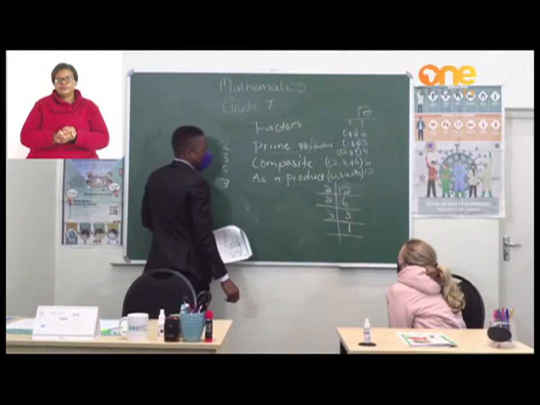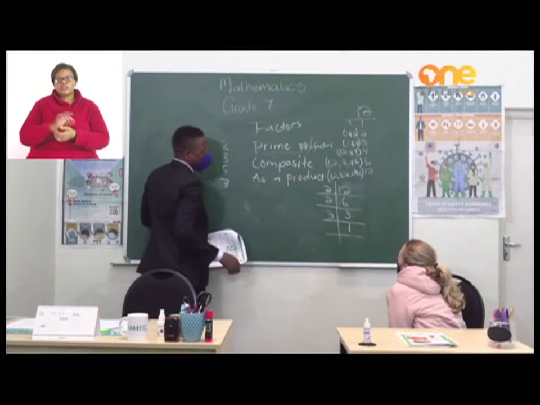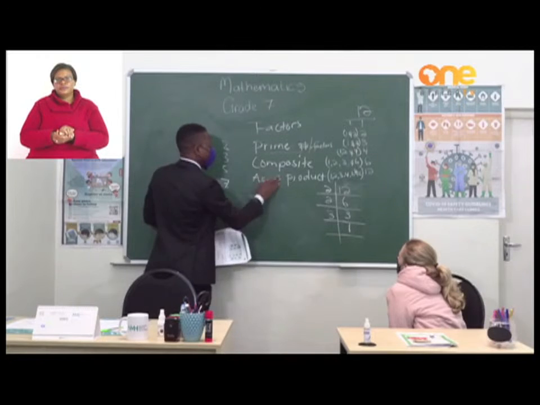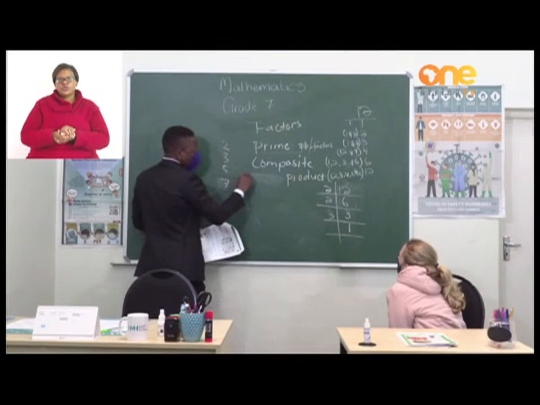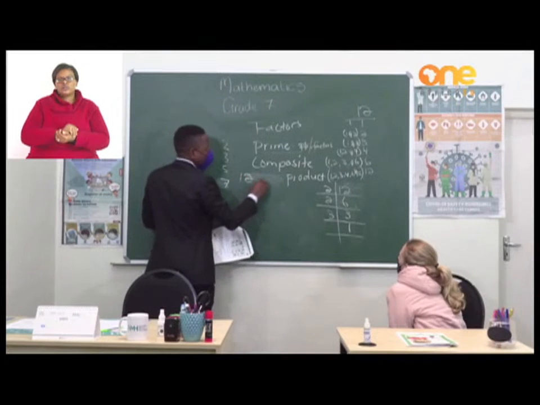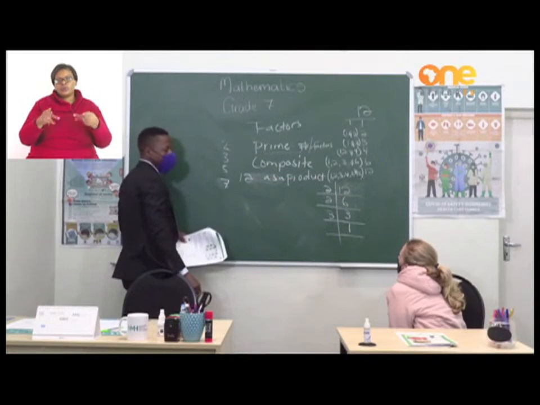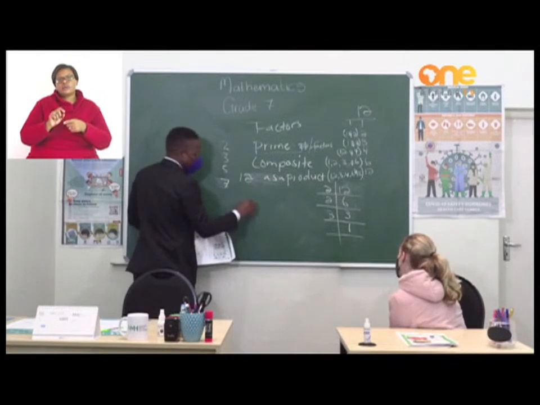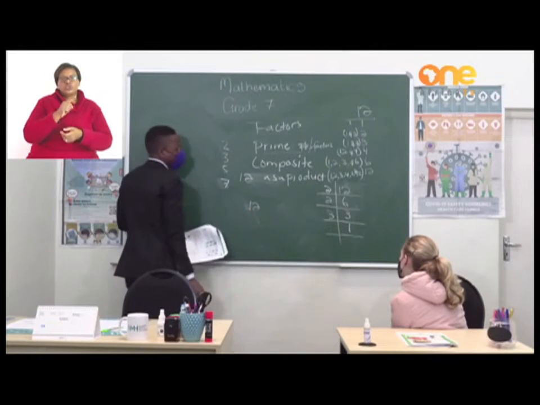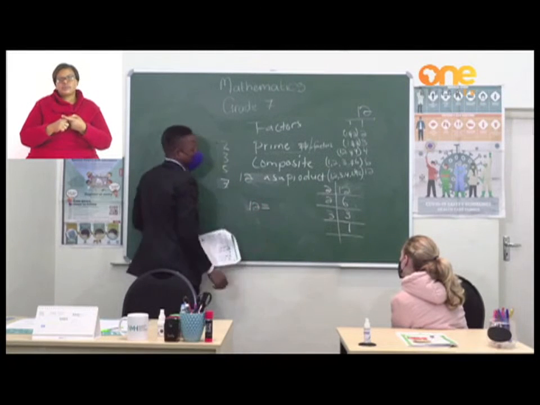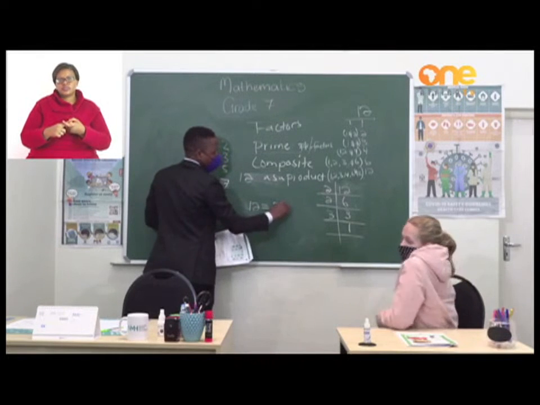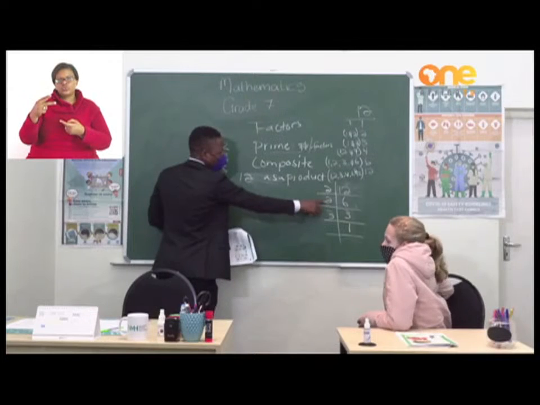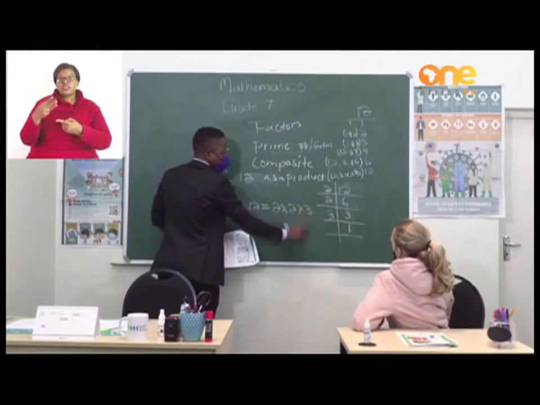Now to answer the question right, to write 12 as a product of its prime factors, we write it 12 equal 2, which is this, times 2, that, times 3.